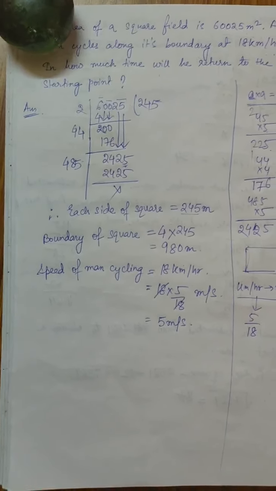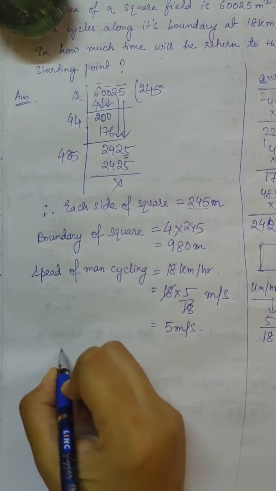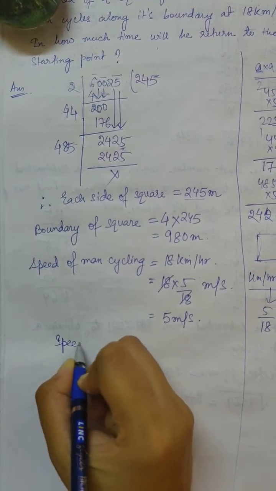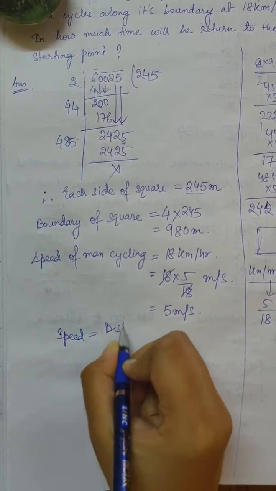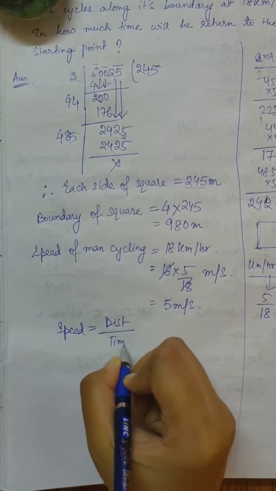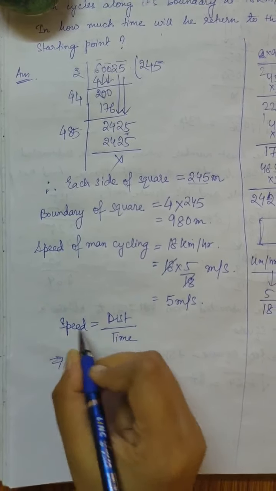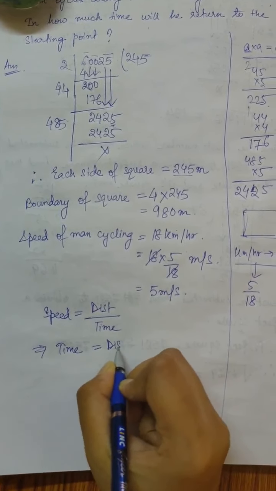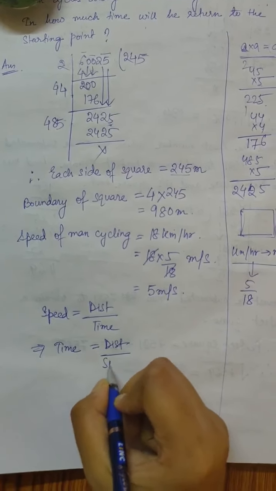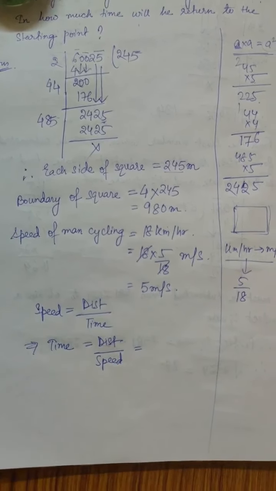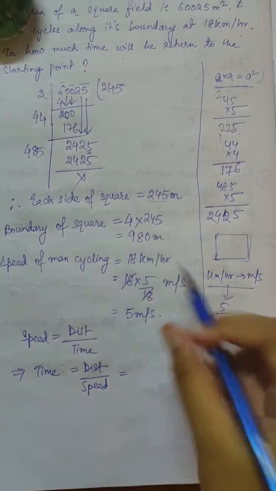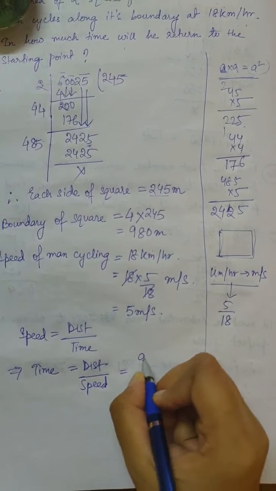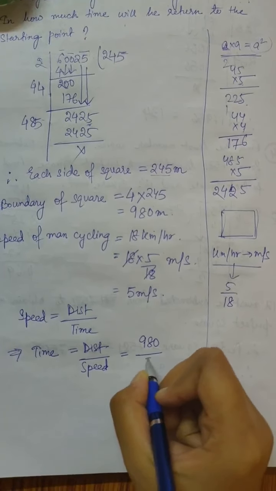So now we have to find out the time. We already know that the formula of speed is equal to distance by time. Which means time is equal to distance by speed. Here the distance is 980 and the speed is 5.